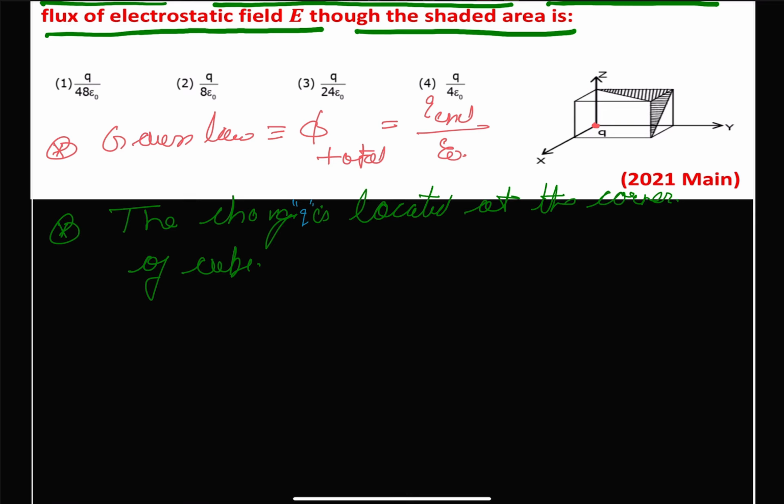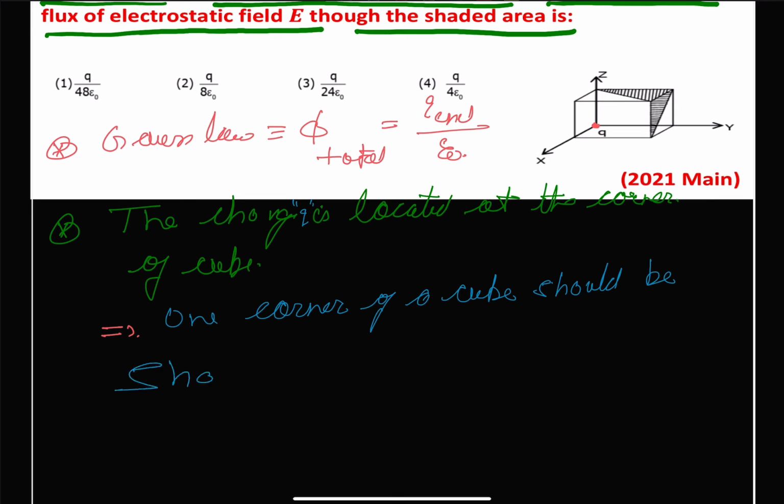So from here we can write that one corner of a cube should be shared by 8 cubes.